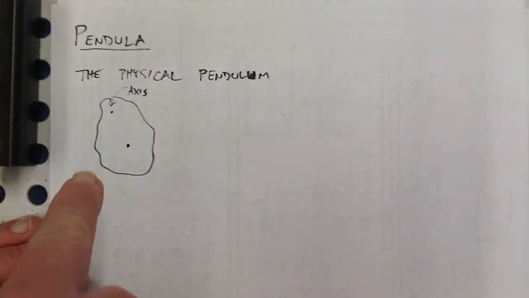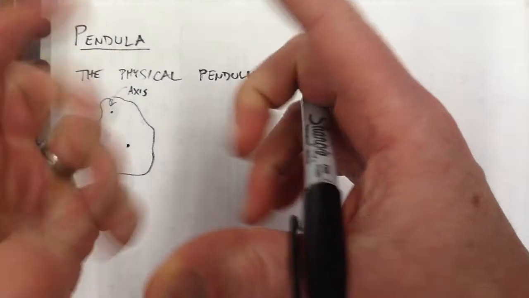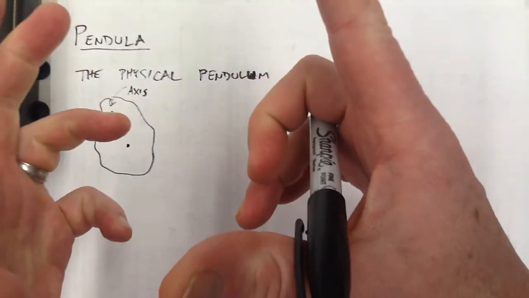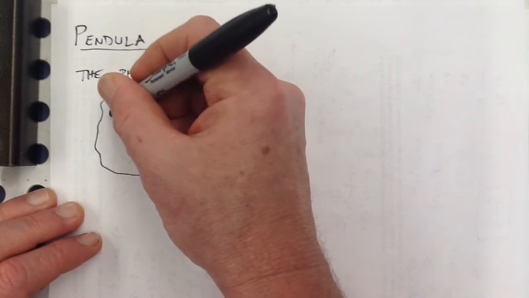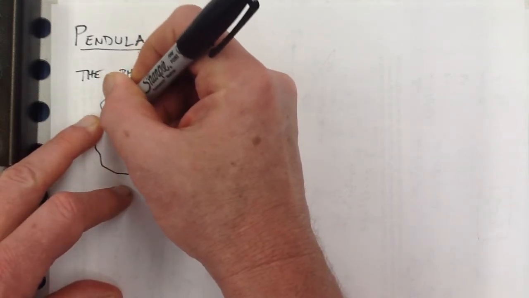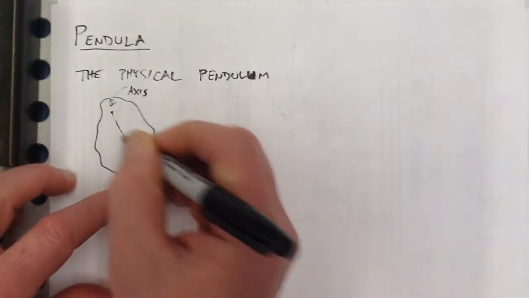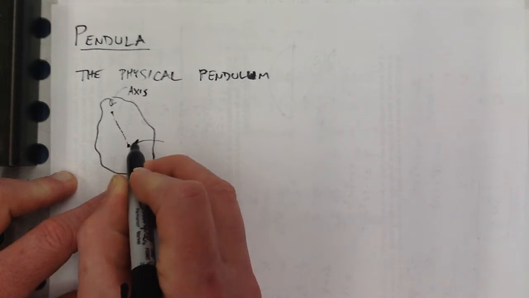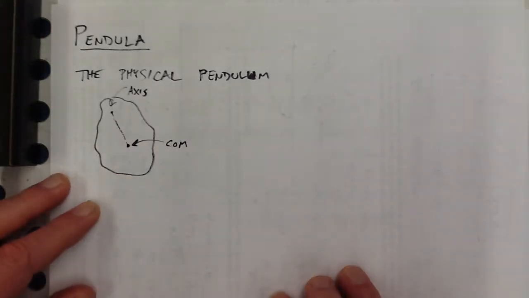If the axis was at the center of mass and you rotated it a little bit and then let go, it would just stay there, right? Because the gravitational force would not want to restore it. So let's say that's the axis there, and this is the center of mass here.